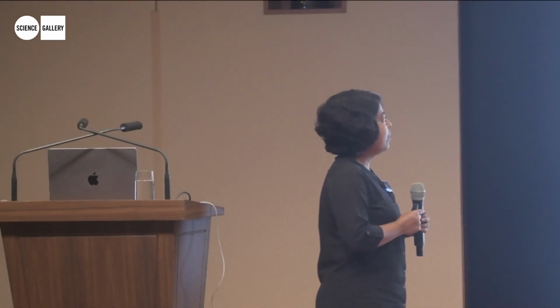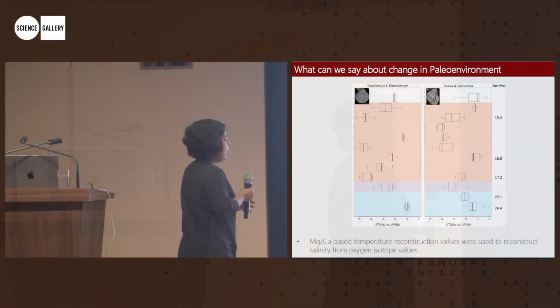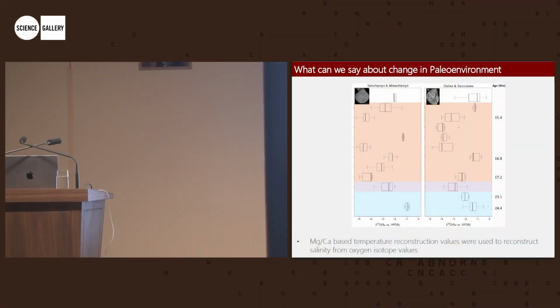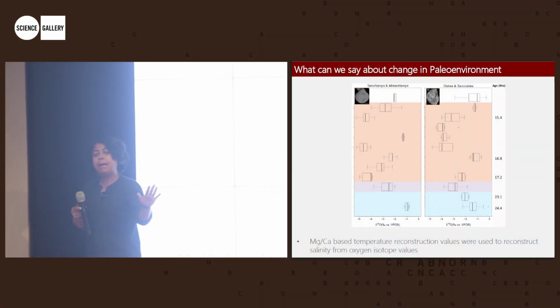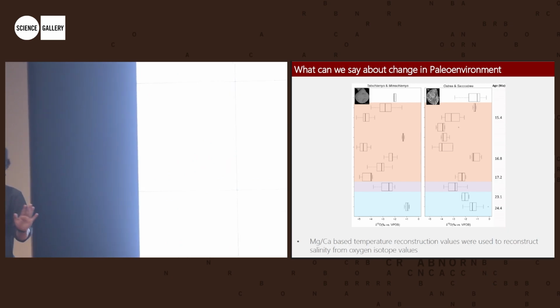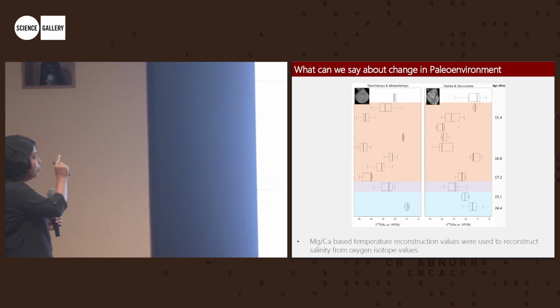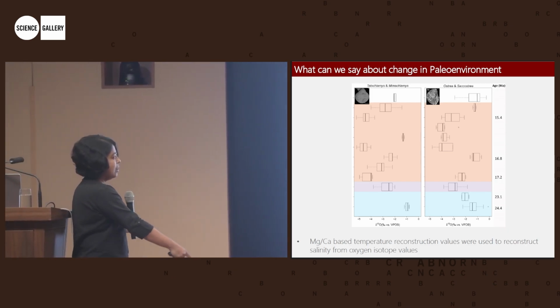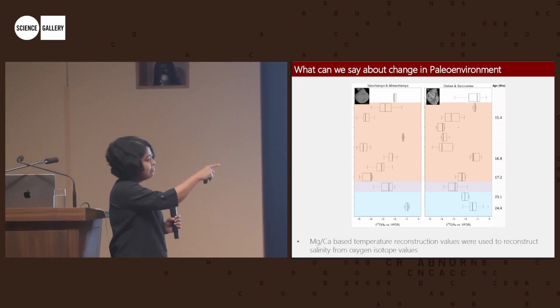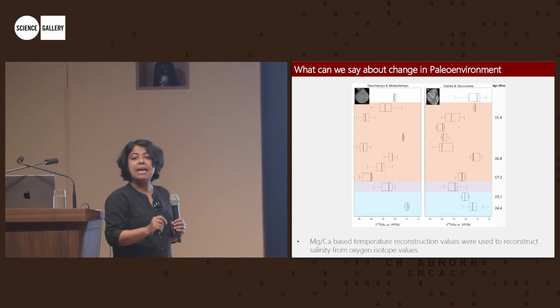Eventually, what we are trying to find, or what we found, was this curve which shows some stable isotope ratio change. Now, if you look at these two curves, on the y-axis there are some numbers written, these are ages.